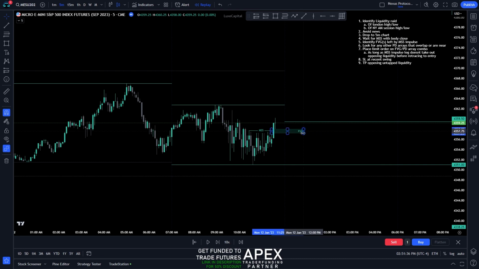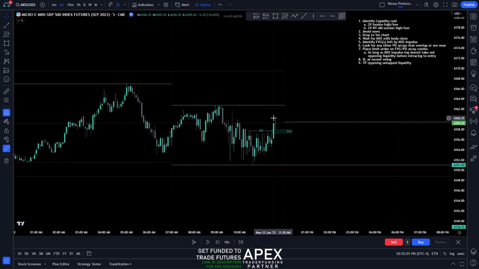I drew it way far out, but that's fine. Fair value gap. You can look for any other PD arrays that overlap or are near it. I mean, it's kind of a mess right here, so I don't really see anything, but I like to look for a breaker block or an order block or an opposing fair value gap.